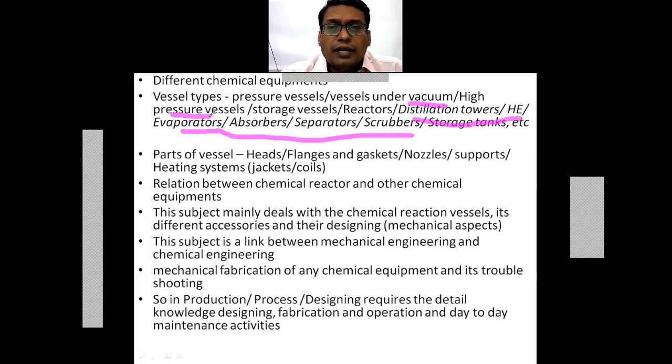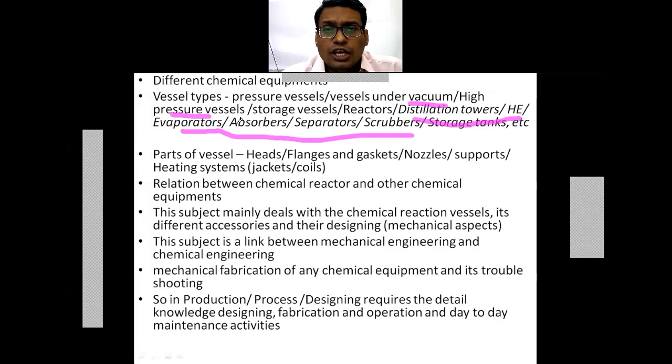So ultimately, it's a calculation of thickness, which is very important in the mechanical aspect of designing chemical equipments. In chemical aspects, you have to consider the mass transfer aspects when you design mass transfer equipments like distillation columns, absorbers, humidifiers. All these are your mass transfer operations.